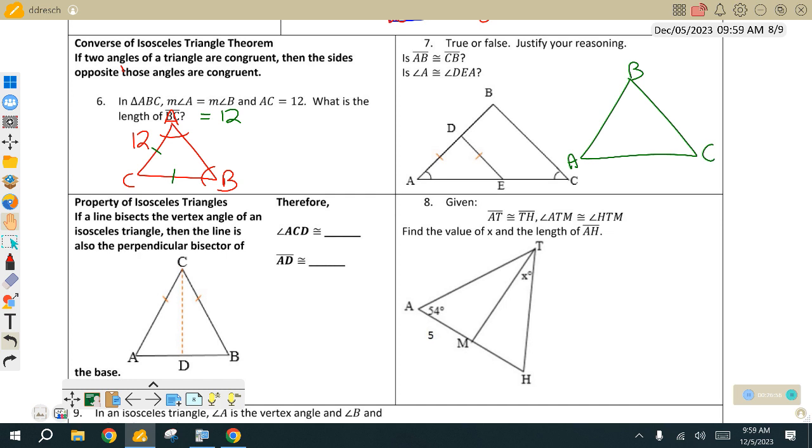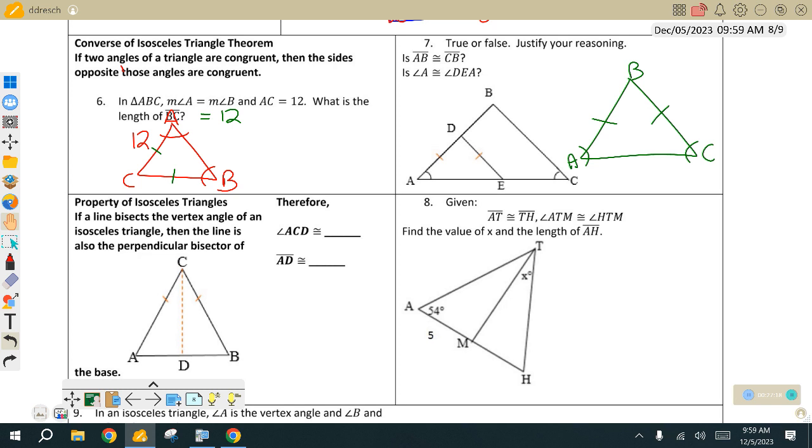The angles A and C are congruent, right? That is given to us, and because that's given to us, since the angles are congruent, that implies that the sides opposite those angles had to be congruent. So that is true. So that first statement is true.